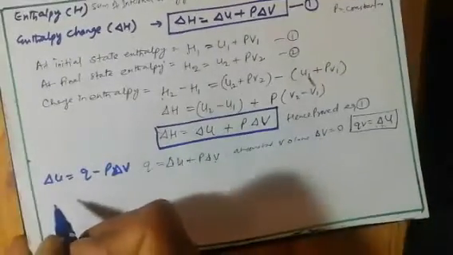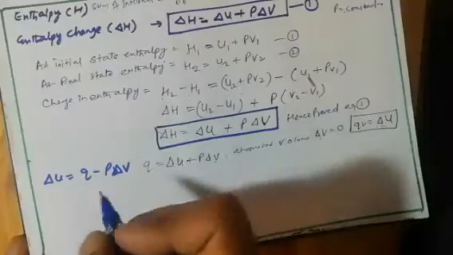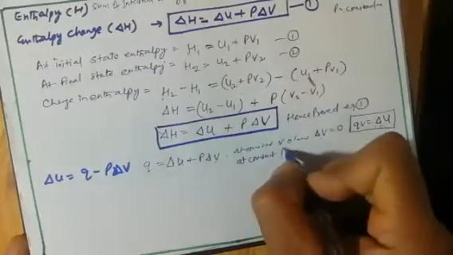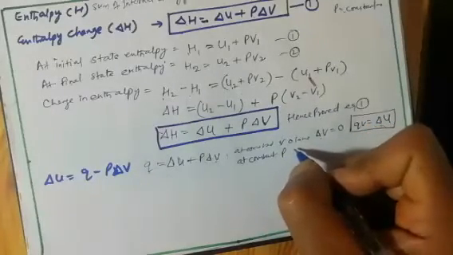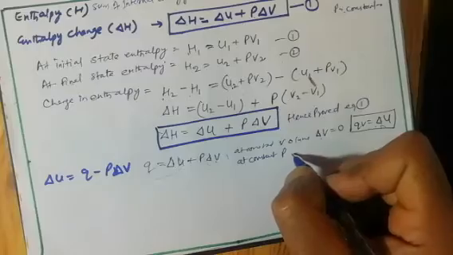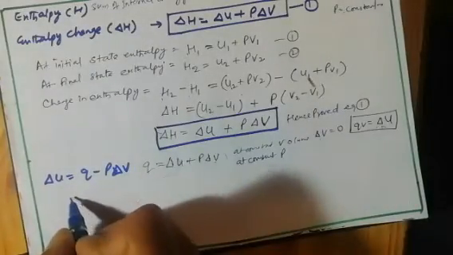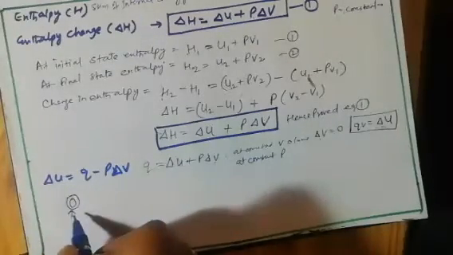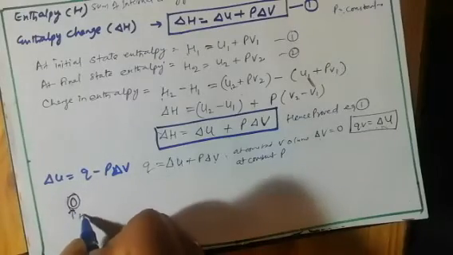What if we take a process carried out at constant pressure? At that time the work is going to be expansion. Work is done by expansion, meaning volume will increase. For example, if we heat up the rim of a tire, what will happen?